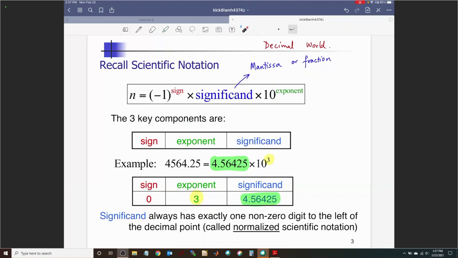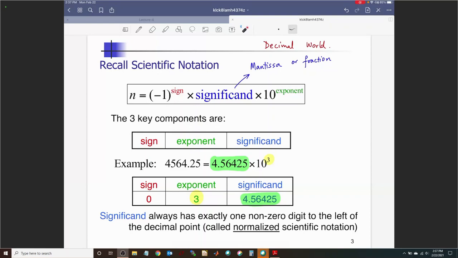Well, it simply means that you have exactly one non-zero digit to the left of the decimal point, and then the decimal point, of course, followed by all the fraction. So you have one non-zero digit, decimal point, followed by a bunch of numbers representing the fraction part of the number.